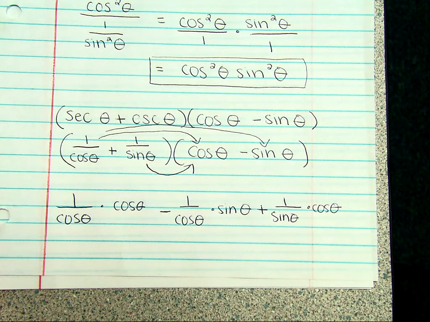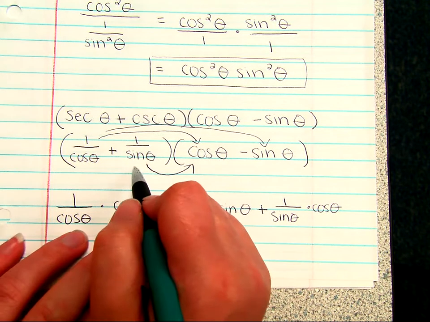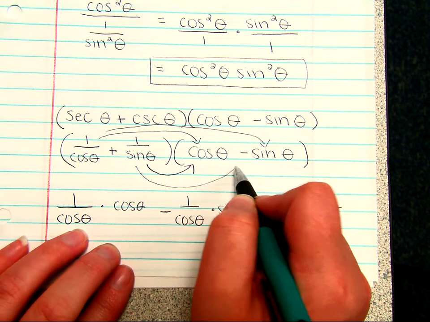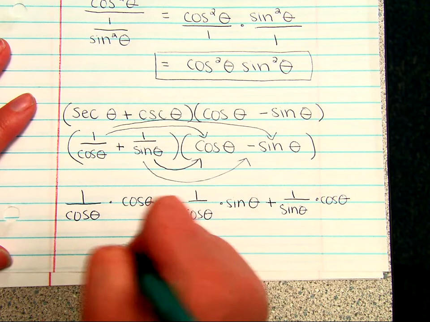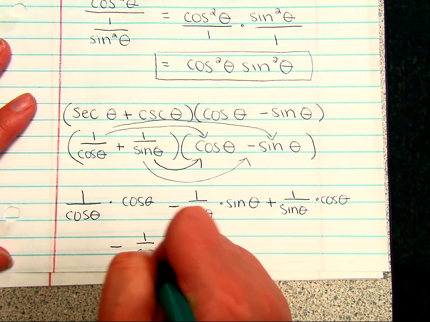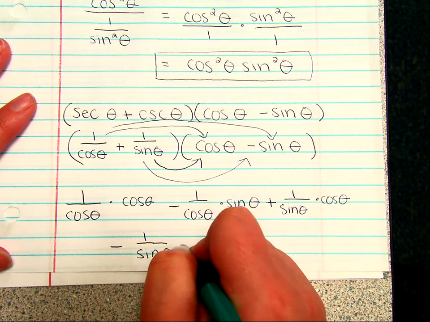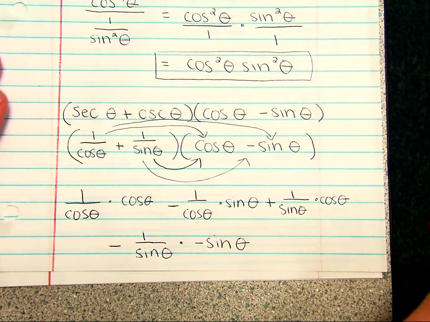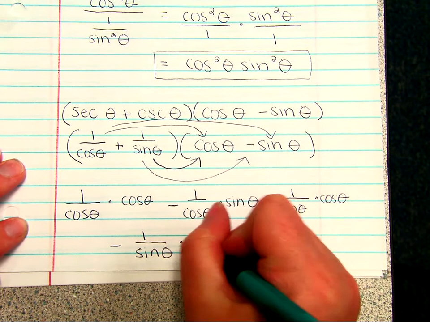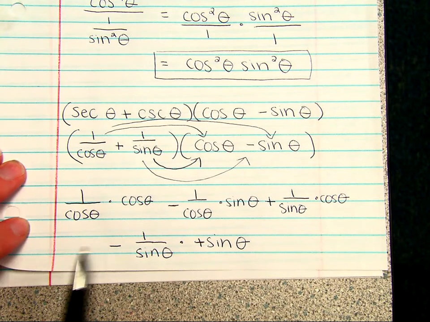And then my last term would be to take 1 over sine times negative sine. So minus 1 over sine theta times sine theta. Oops, not negative. We took care of our negative right there.